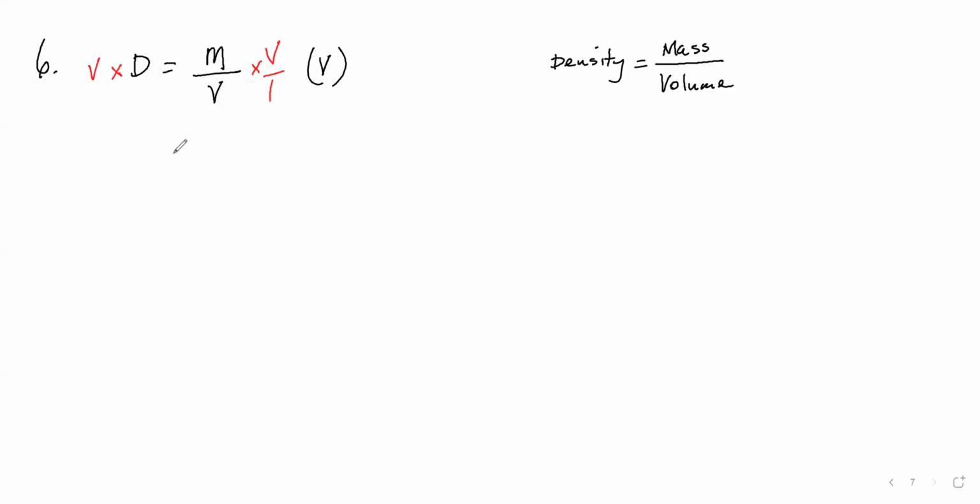So these will cancel, leaving me with V times D. V times D and D times V is the same, equals M. So Josiah, this is what I wanted to see.